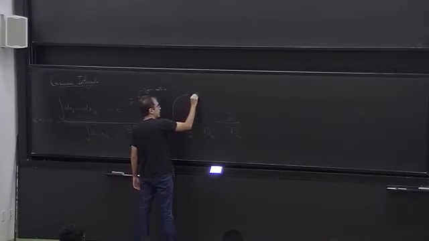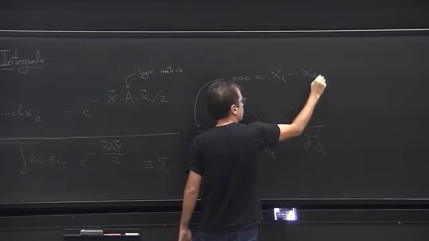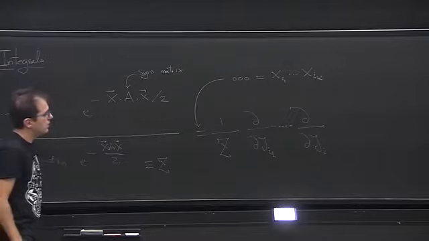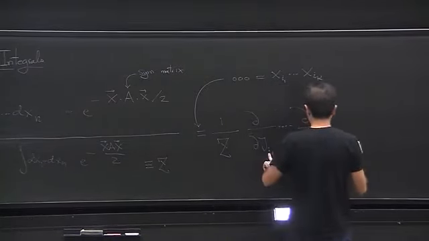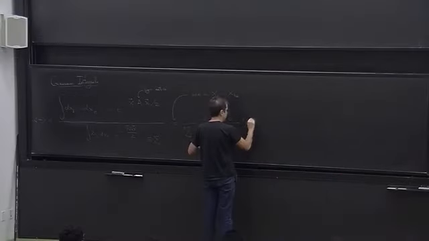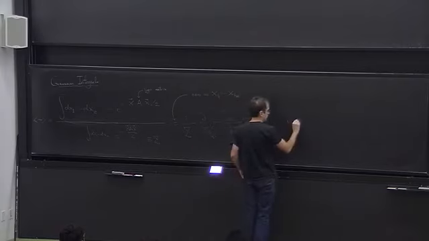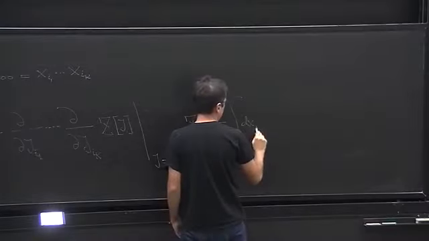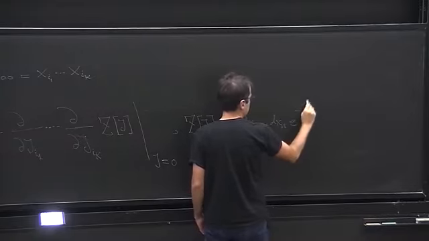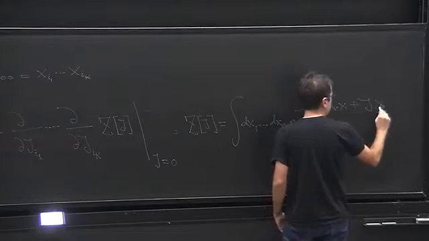Now I'm specifying dot, dot, dot to be x_i1 up to x_ik. Then what I could do is take a bunch of derivatives of a partition function that now depends on a source, and I set the source equal to 0, where this partition function with the source is just the same integral where I add some extra source here.